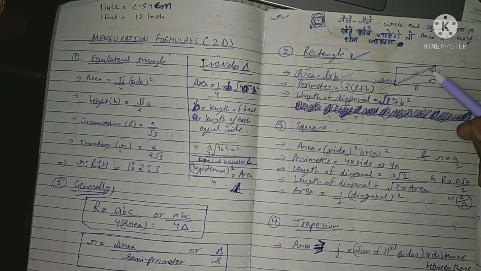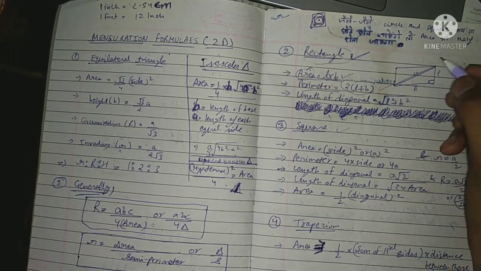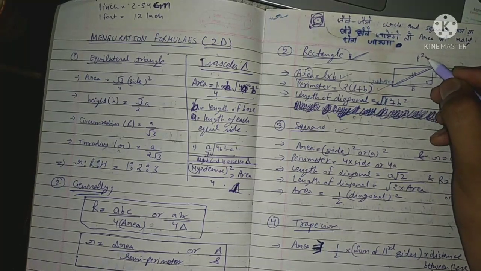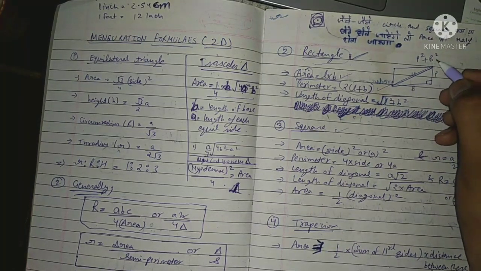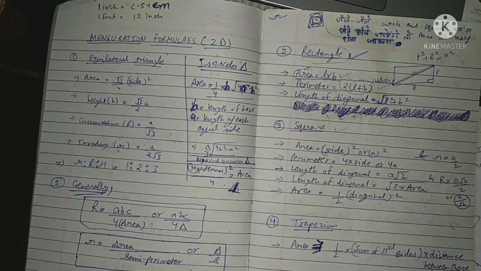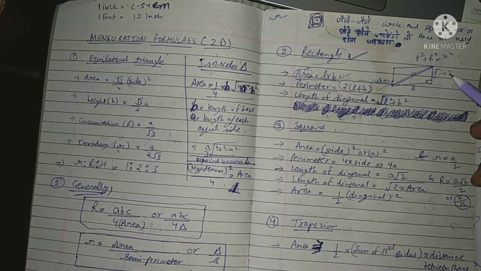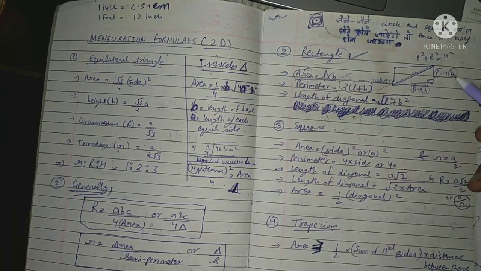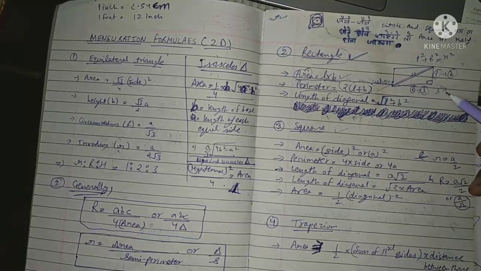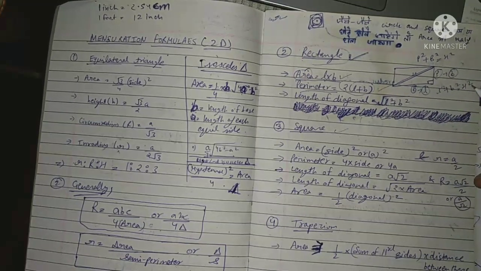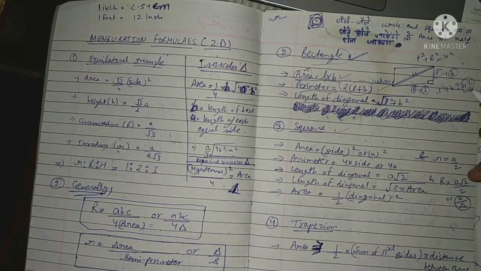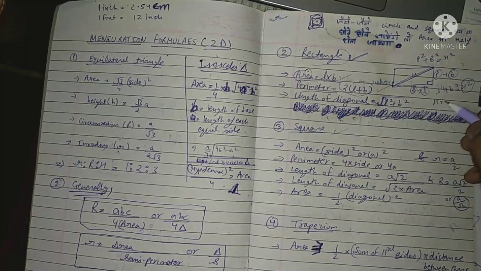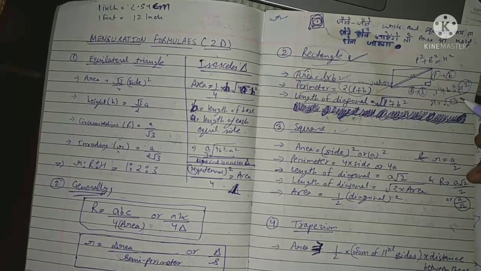This diagonal is the hypotenuse, and according to Pythagoras theorem, perpendicular square plus base square is equal to h square. Here perpendicular is breadth and base is length. So length square plus breadth square is equal to h square, and h is the diagonal's length. So you can write this simply as under root L square plus B square.